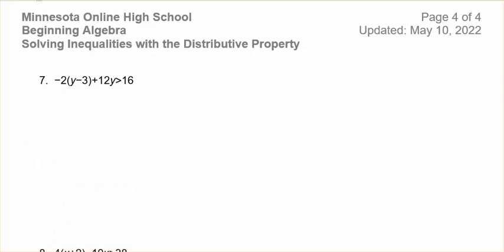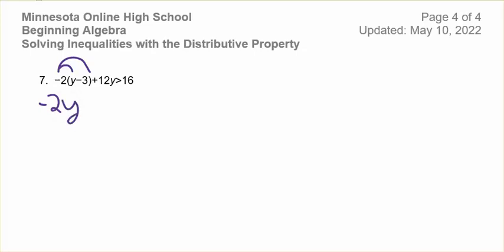So on number 7, we are first going to look and see that we can do the distributive property because we have parentheses here. So I'm going to take -2 times y, and I'm just going to go ahead and write that as -2y, because -2 times y would be -2y.